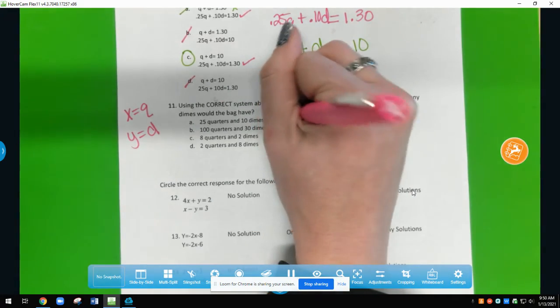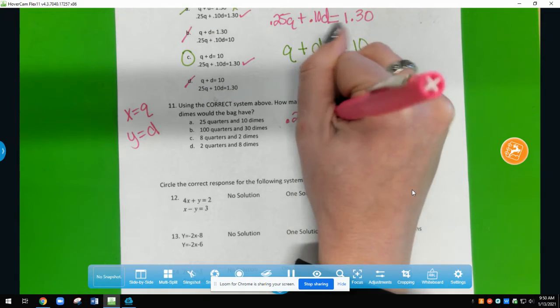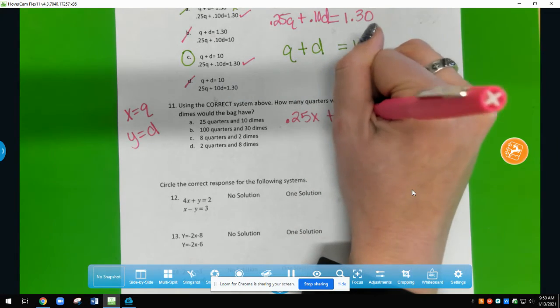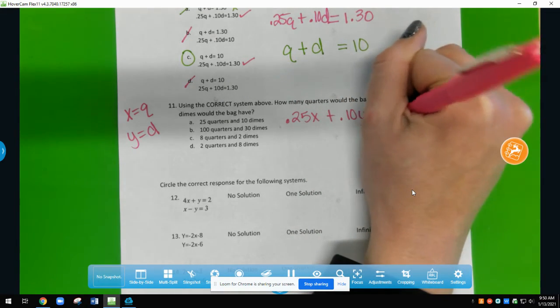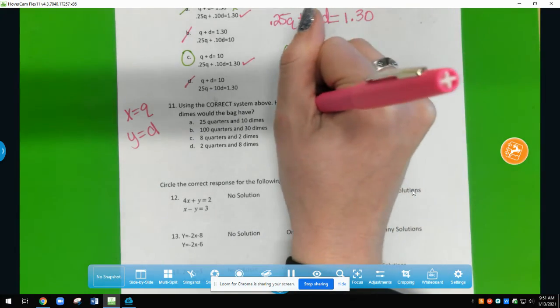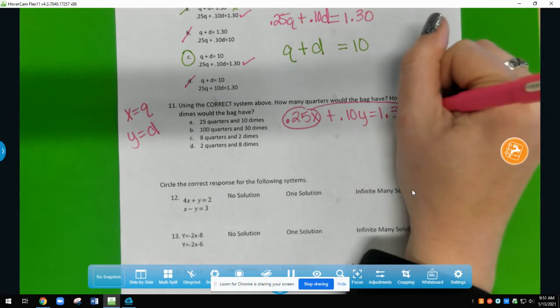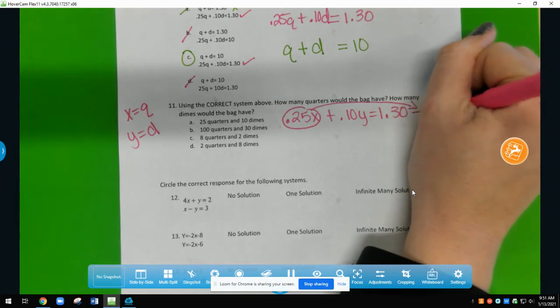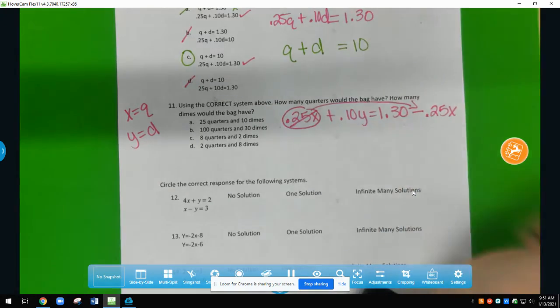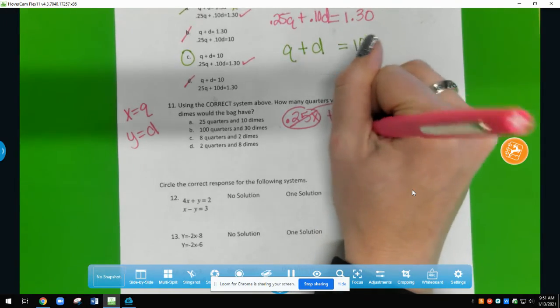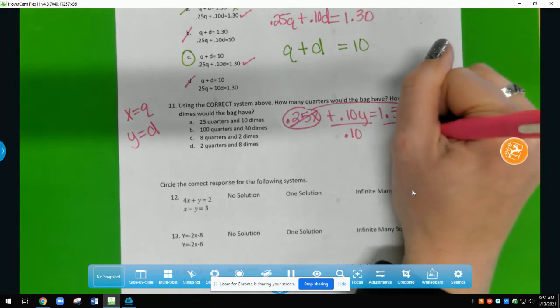So I'm going to have 0.25X plus 0.10Y equals 1.30. So remember, we move the X, change the sign. Divide by the number in front of Y.